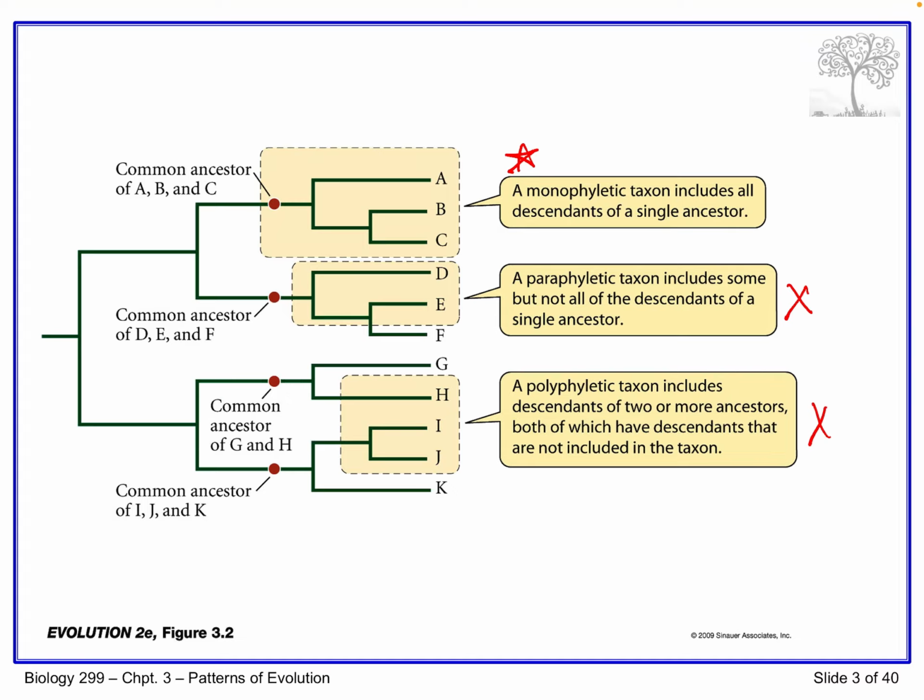Okay. So starting in the 1960s, thereabouts, there was sort of a shift in focus in terms of developing classifications, what we call taxonomy. And that shift was toward what we call cladistics.